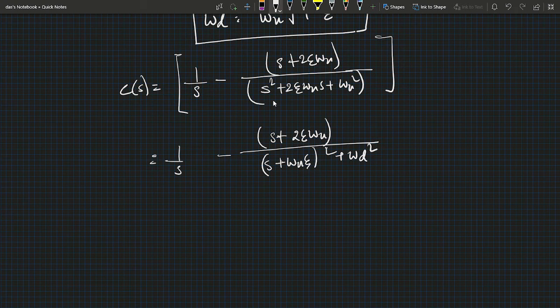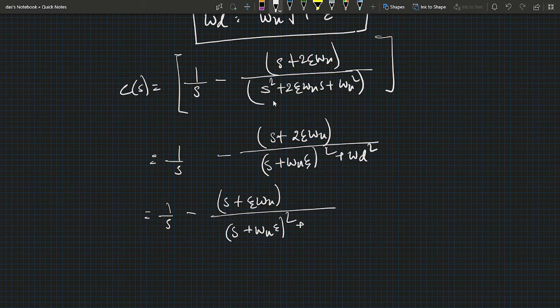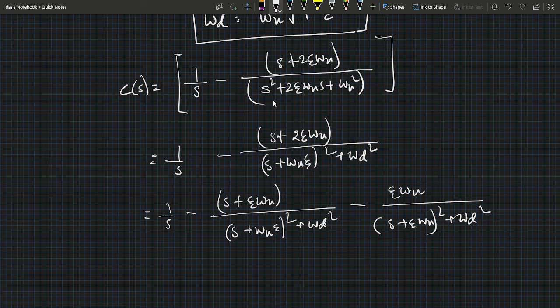Now we again write this equation: one part is s plus zeta omega n, coming out here, and another part is zeta omega n divided by s plus zeta omega n whole squared plus omega d squared. So this is the Laplace transform of the output response.